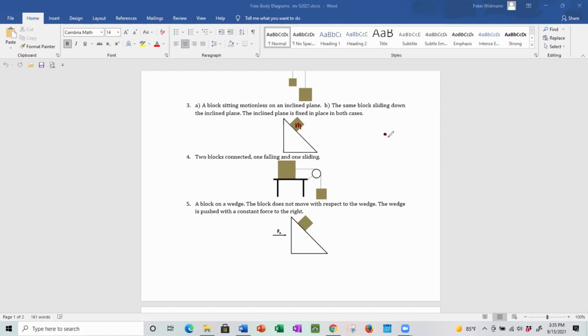So in the downward direction, I have the mass times gravity. And in the other direction, I have the friction force in the northwest direction. Okay, so the friction force is along the plane, so it's like this. I'll call it left.